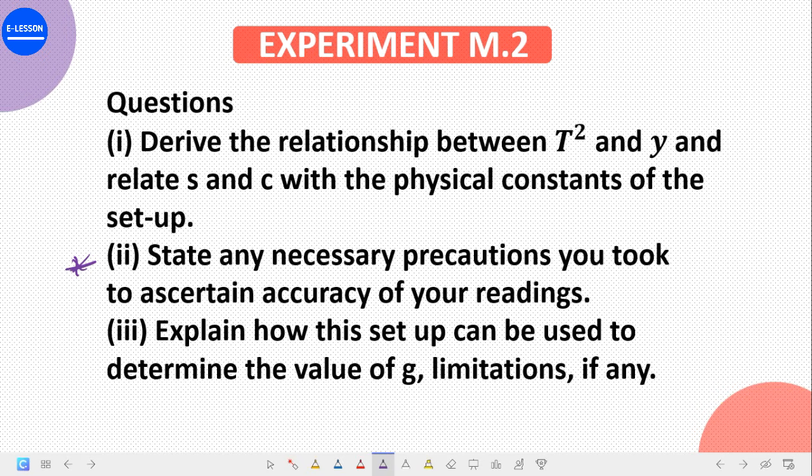Now it said explain how this setup can be used to determine the value of G, and limitations if any.